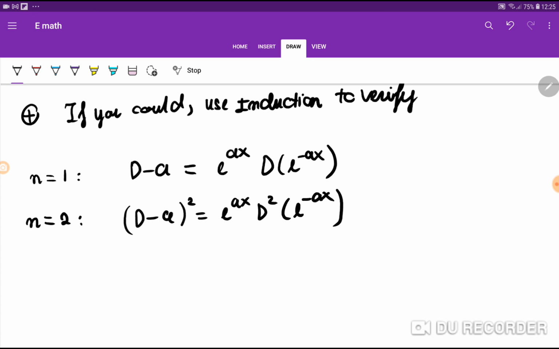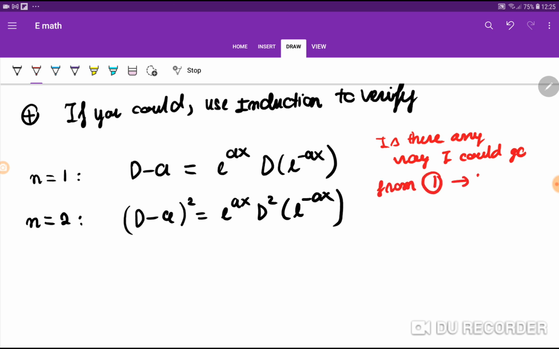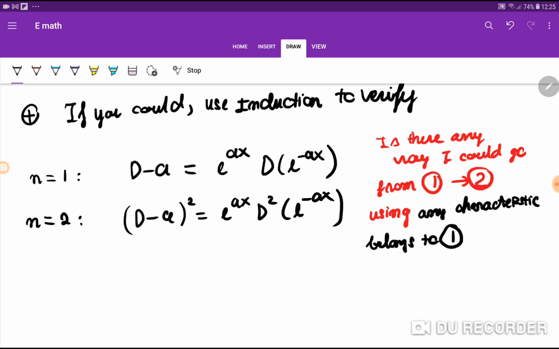So the train of thought is, is there any way I could go from 1 to 2 using any characteristic that belongs to 1? Okay, that's the way I thought.